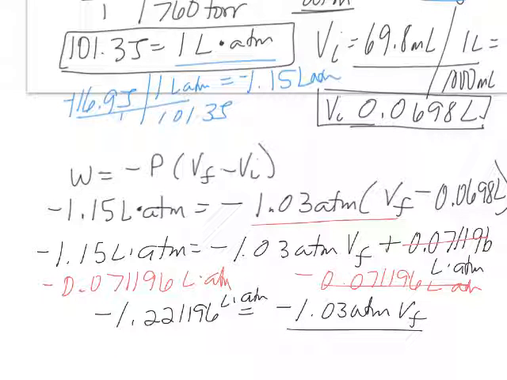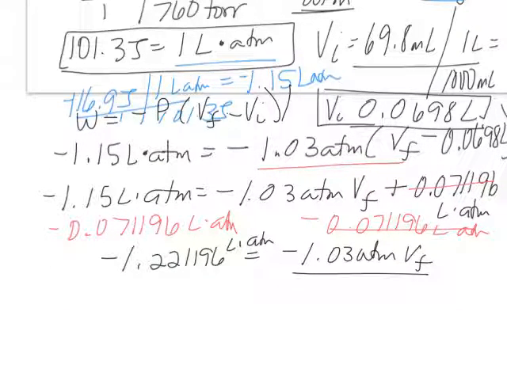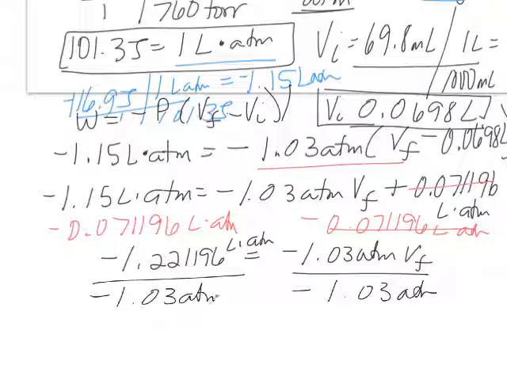We divide both sides by negative 1.03 atmospheres, and our final volume then would be positive 1.1856.